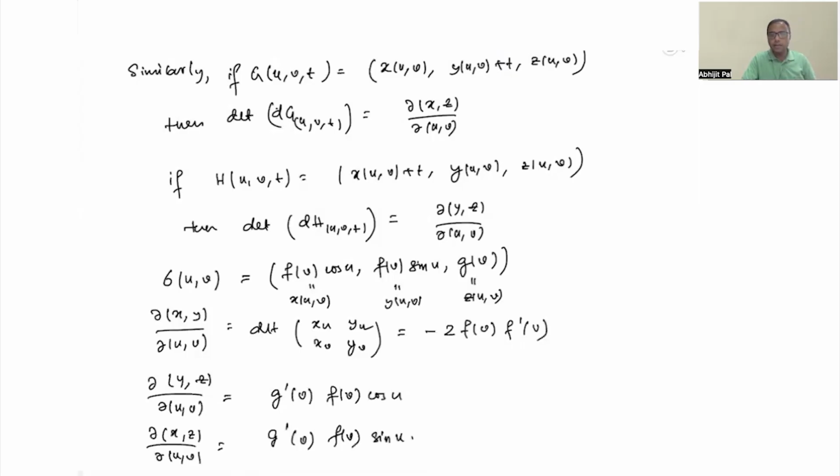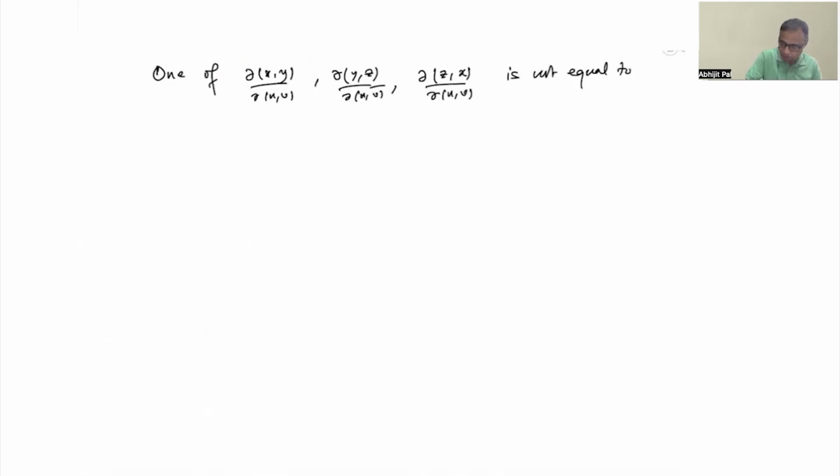Okay, all right. So now the claim is, one of these will be not equal to 0. Okay. So how do you show this thing?